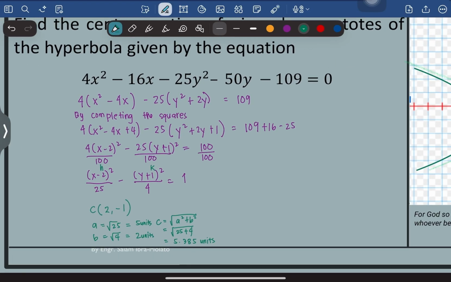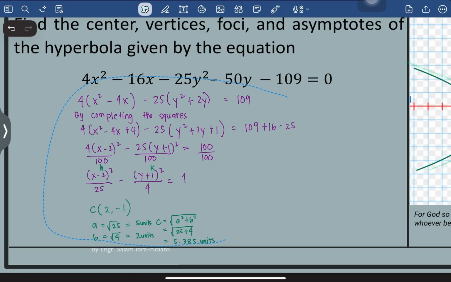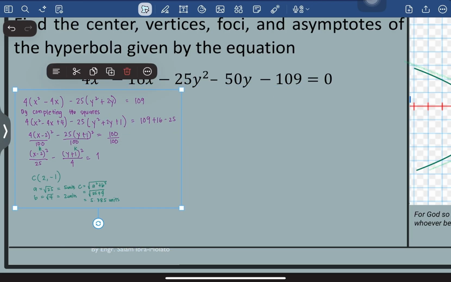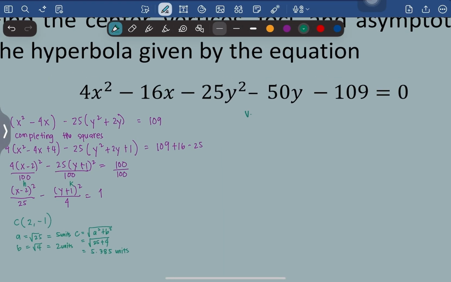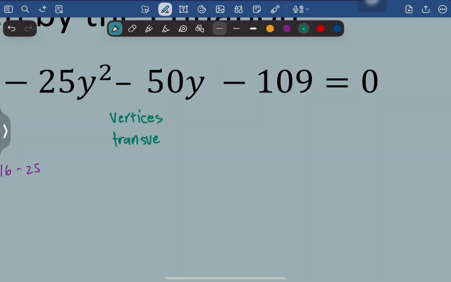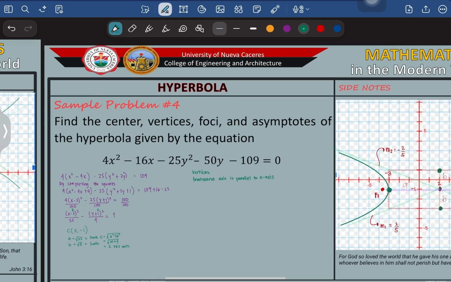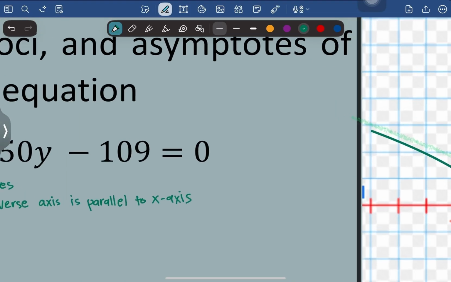Then for the vertices, the transverse axis is parallel to the x-axis, kasi yung positive term dito is the variable x.